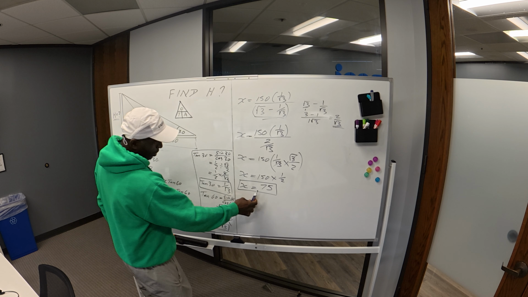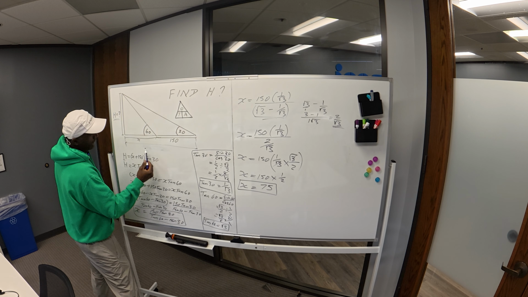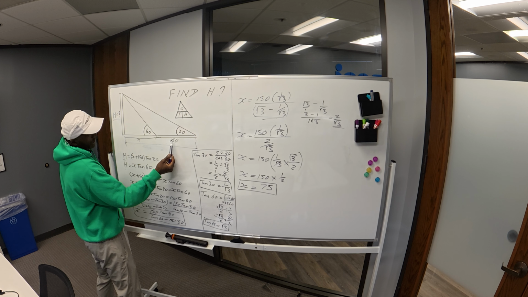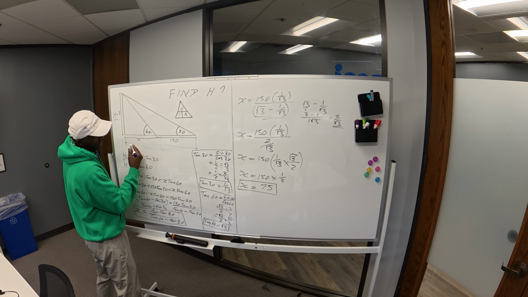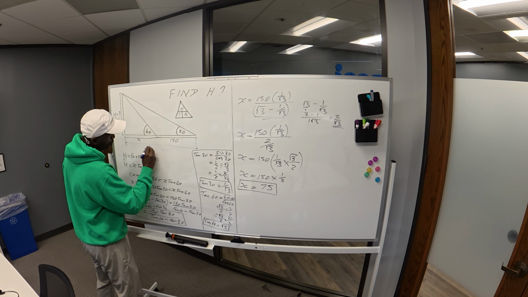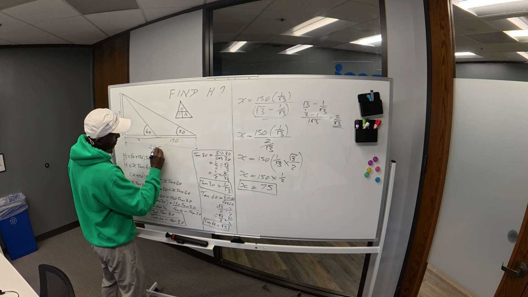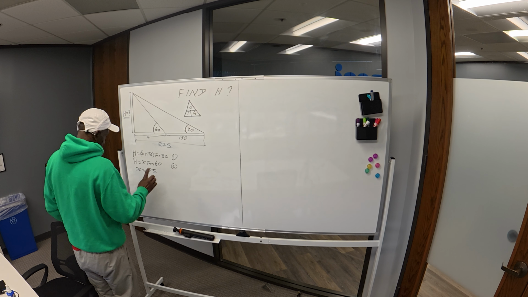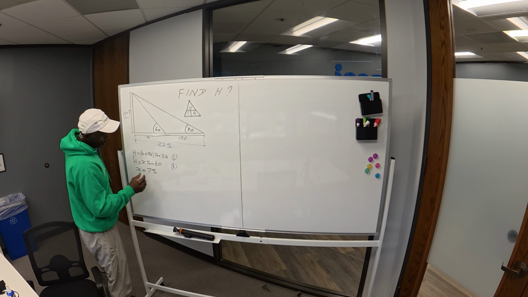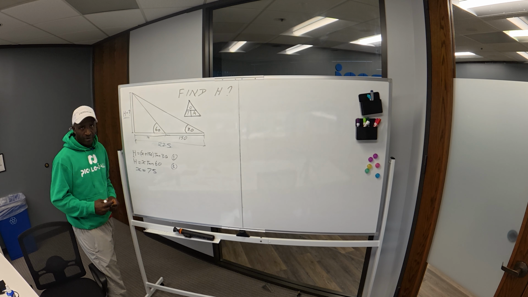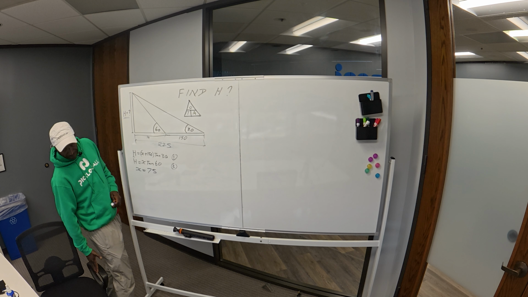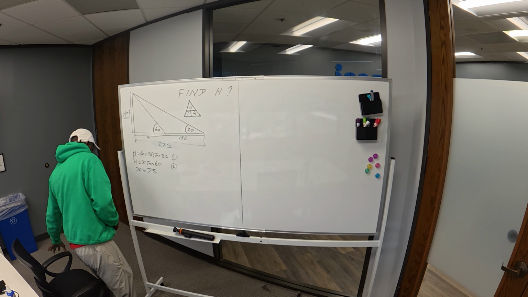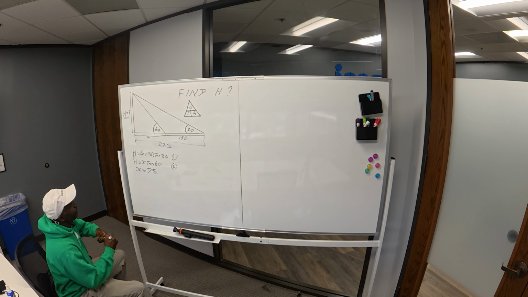So if x is equal to 75, we can go back here and say x plus 150 is 75 plus 150, which is equal to 225. So now if we solve for h, both of these equations, 1 and 2, should give us the very same answer. So let's check to see if we are right.